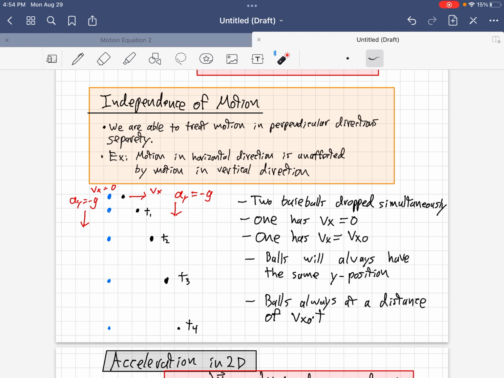And now, if we do this new problem, let's say the same thing. One's moving to the right, the other isn't, but now they're both falling. Can you give me the distance between them? Well, it turns out to be the exact same answer, right? Because their vertical velocity is not affecting the horizontal velocity at all.